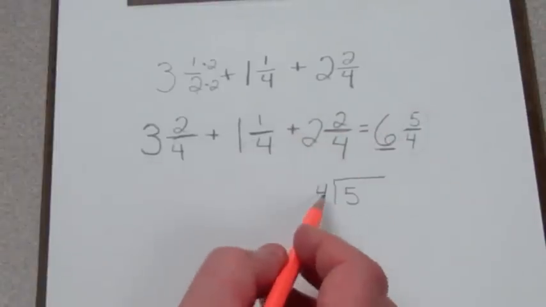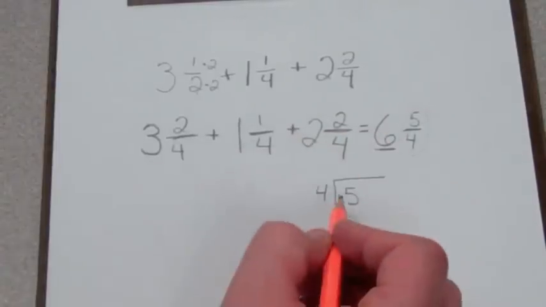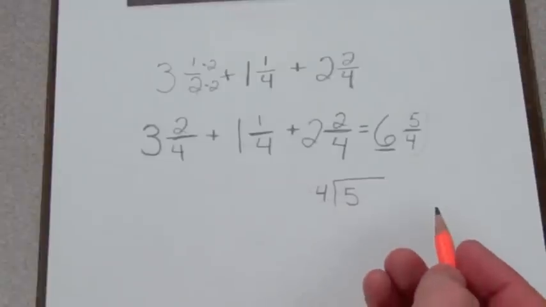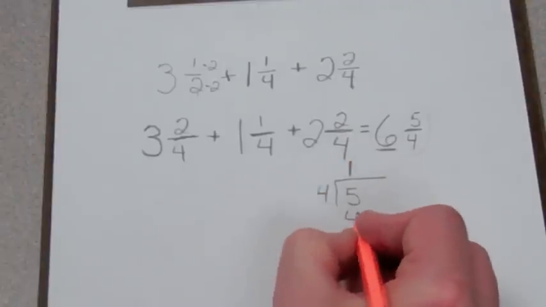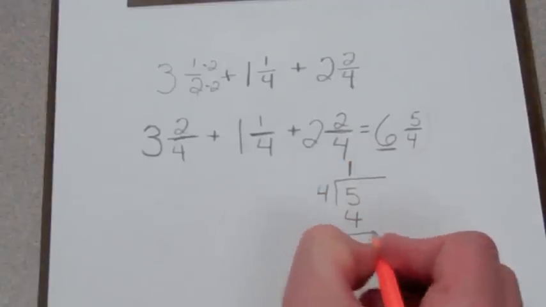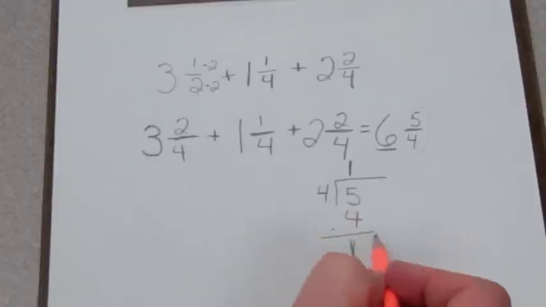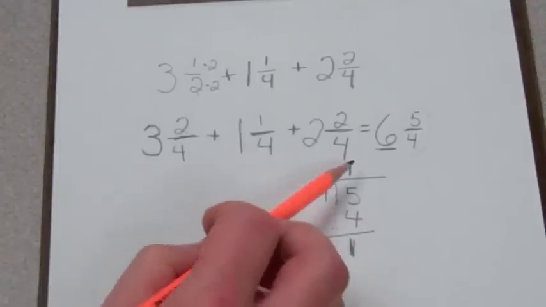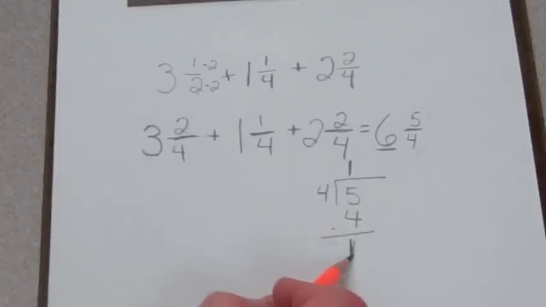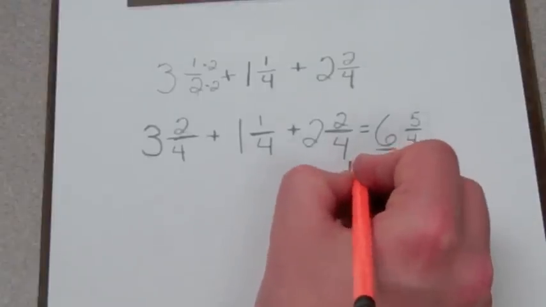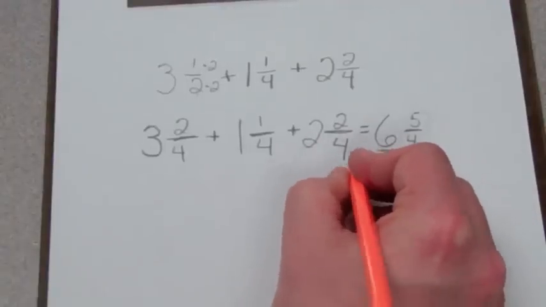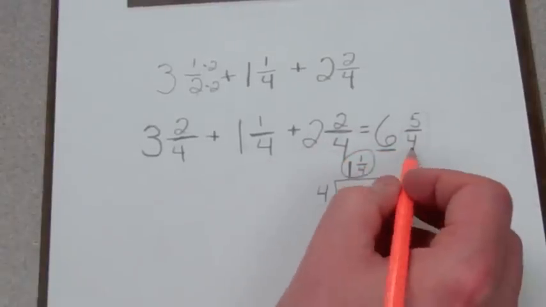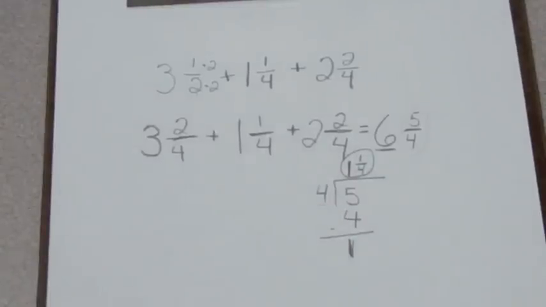So I have 6 and 5/4. Well, how many 4s go into a 5? Just 1. 1 times 4 is 4. I subtract these and I get 1. There's nothing to bring down. So I'm left with 1 whole with 1 left over. Now this 1 left over goes above this number here. And I say that 5/4 is equal to 1 1/4.